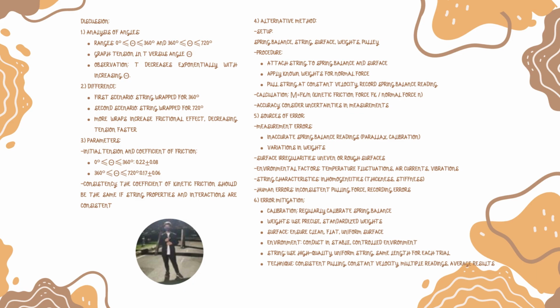Place known weights on the string to create a normal force against the surface. Pull the string horizontally with the spring balance, ensuring it moves at a constant velocity, and record the reading from the spring balance, which represents the kinetic friction force.